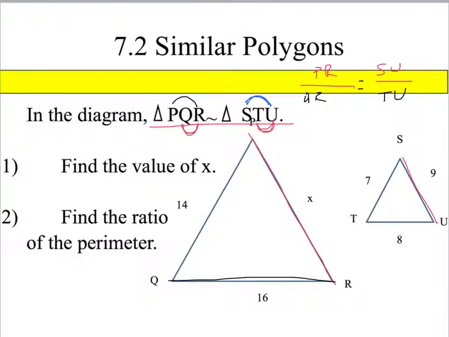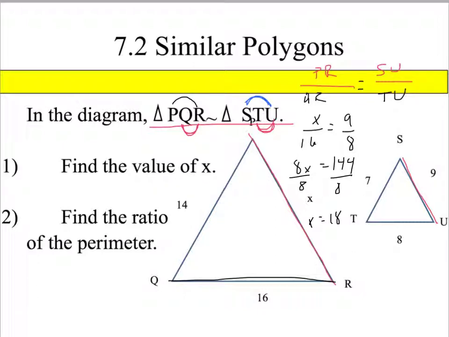From here, I plug in what I know. X over 16 is equal to 9 over 8. Cross multiply, I get 8x is equal to 144. Divide by 8. And my answer is going to be 18.